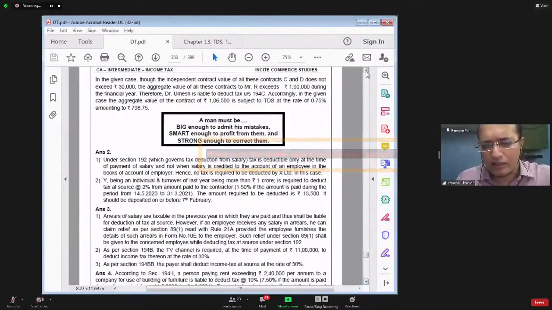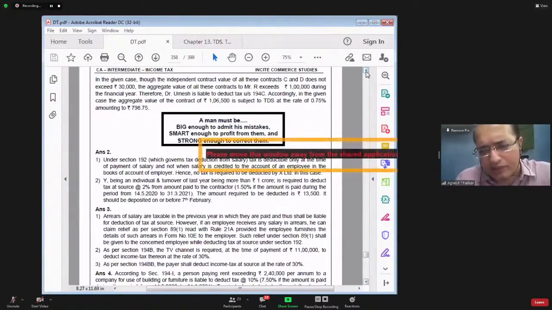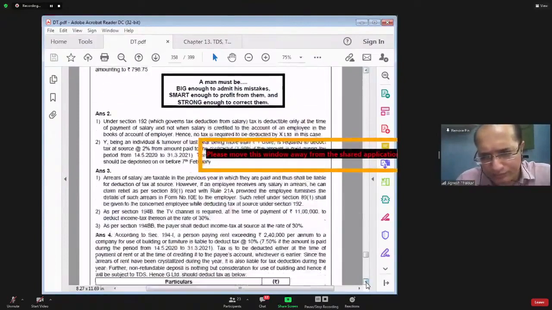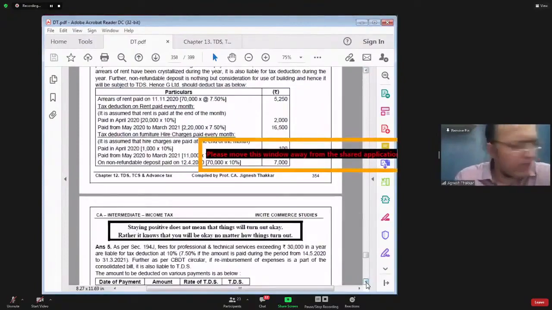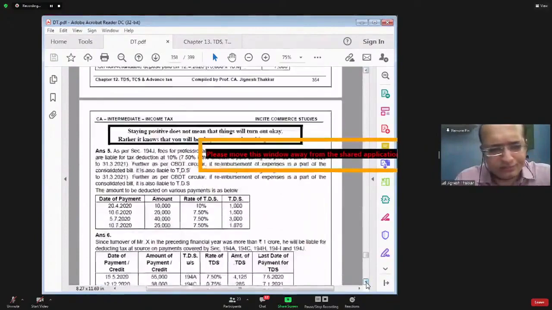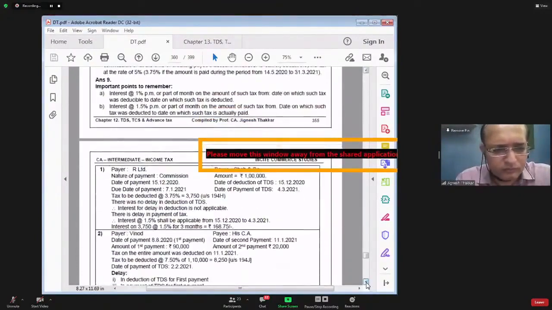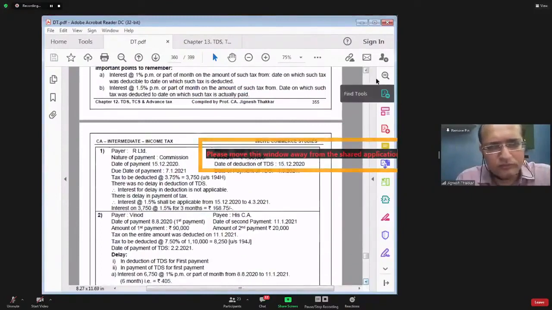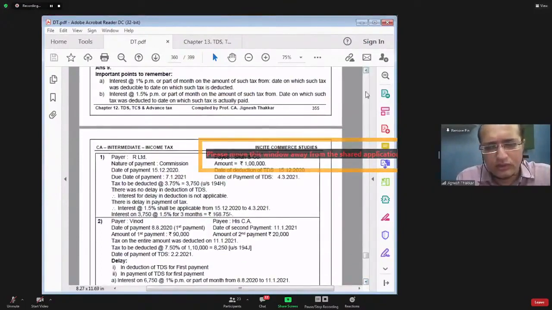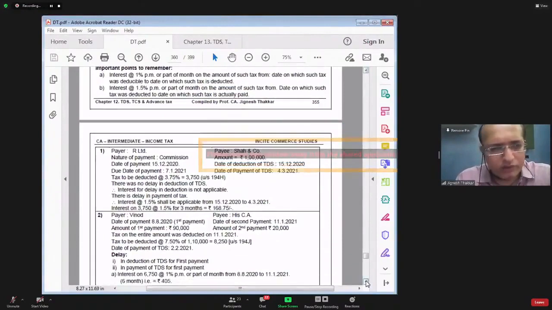Deva madam, for late payment of TDS, interest is 1.5% per month, no? So for 6 months it will be 9%. Correct? Get me the amount of interest. 155.25.